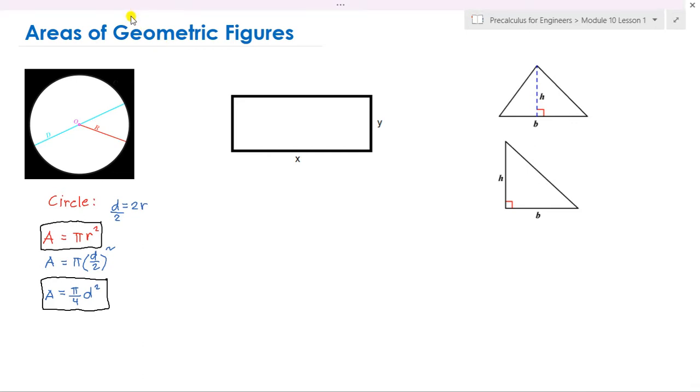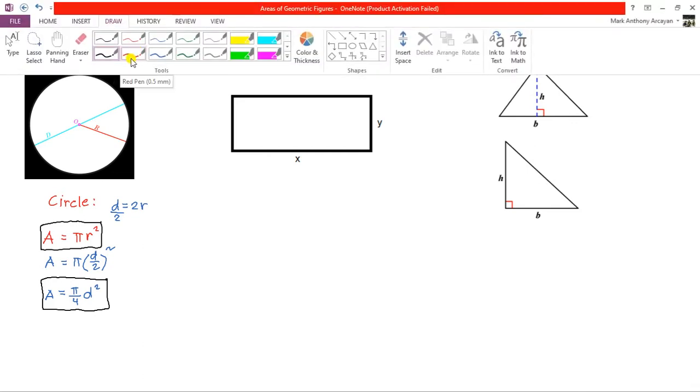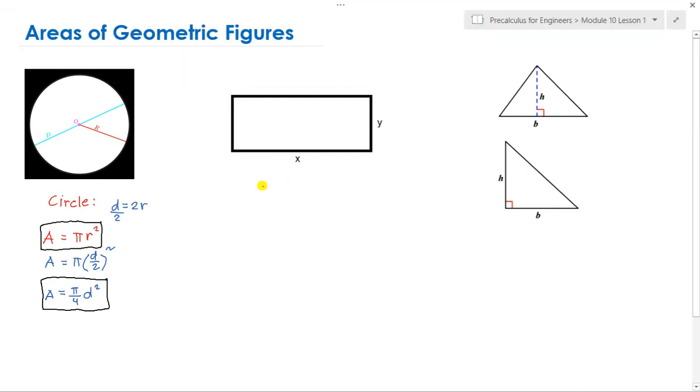Okay, how about the second figure? This is a rectangle. There are many kinds of rectangles, but here the basic one is enough. What is the area of a rectangle?